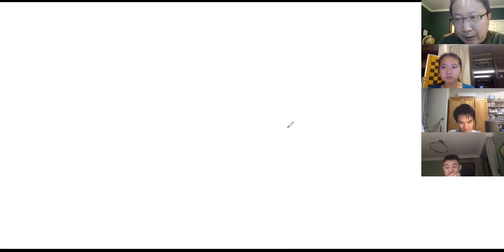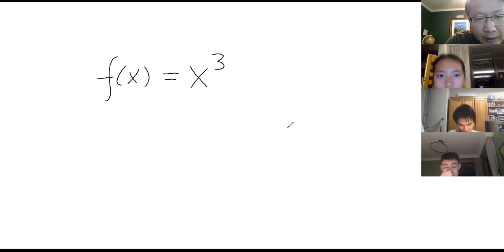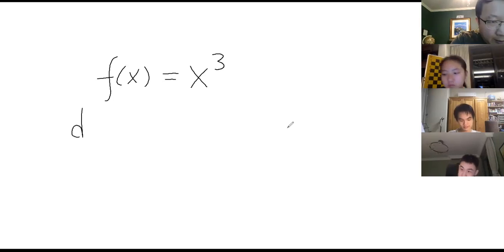So let's say we have a function, right? Let's say the function is x cubed. Can you do its derivative? It really means df/dx.